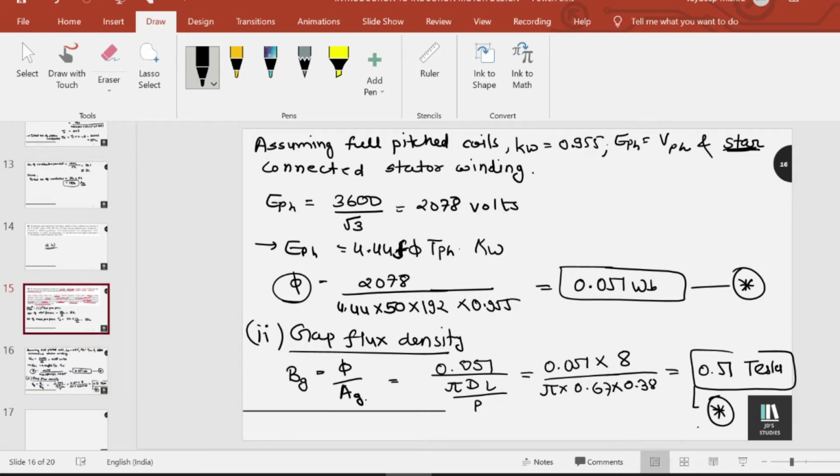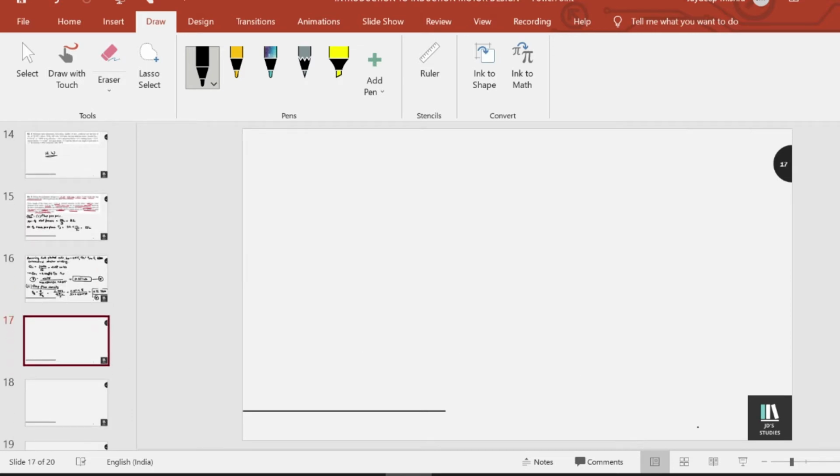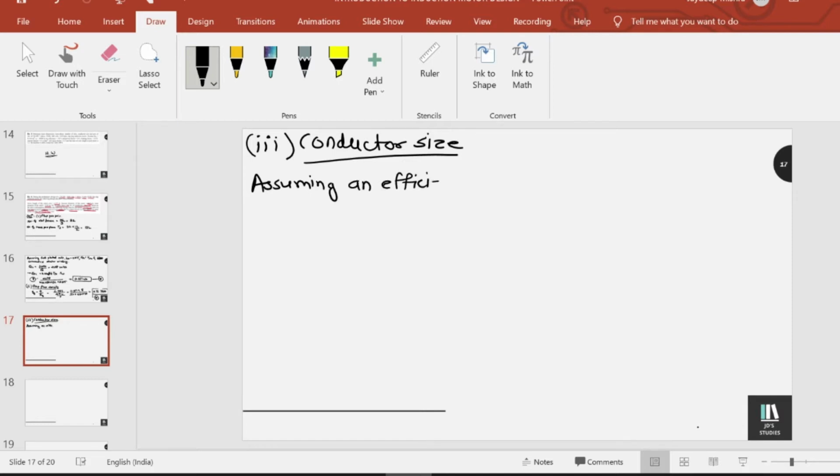Third, what we have to find is conductor size. Now we assume the efficiency is 91% and the full load power factor is 0.89.